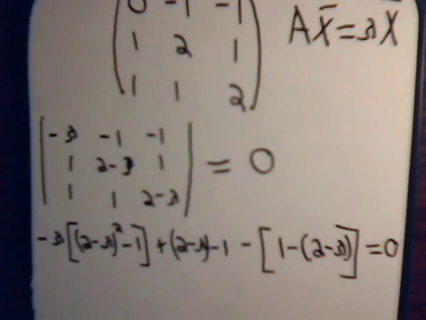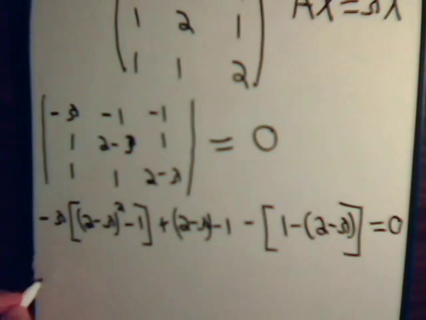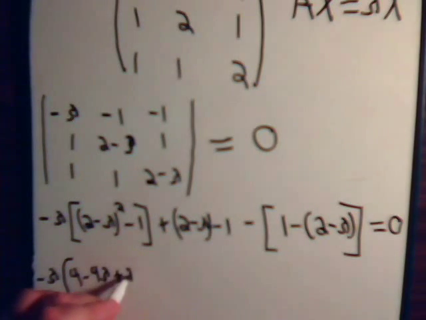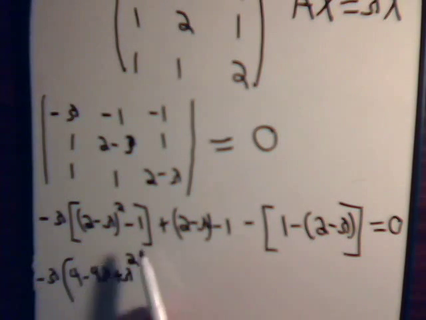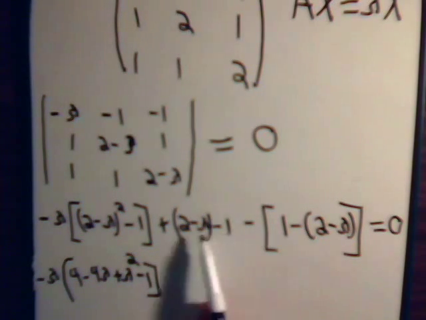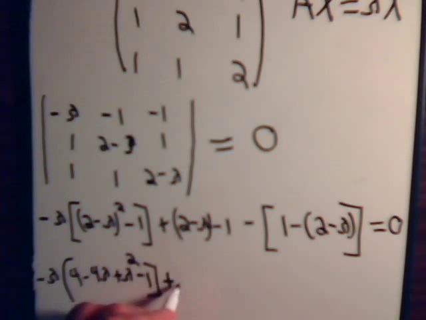So here we will have minus lambda times 4 minus 4 lambda plus lambda squared minus 1, and 2 minus 1 is 1, so we have 1 minus lambda.